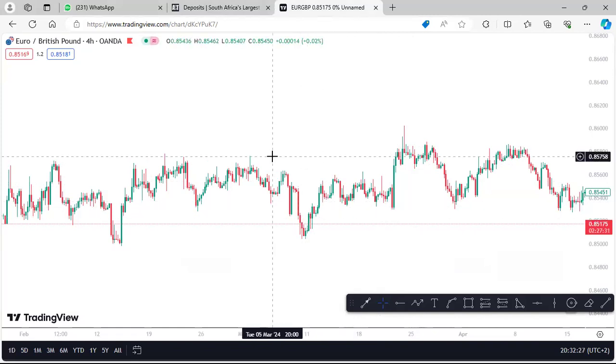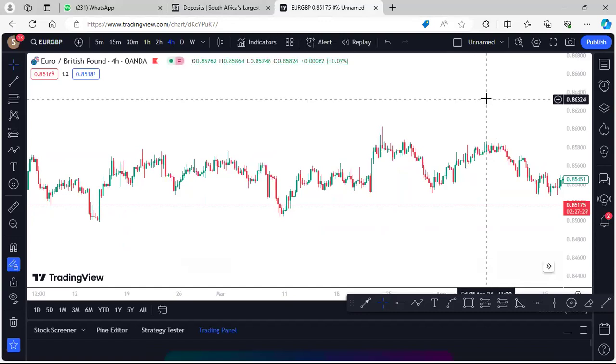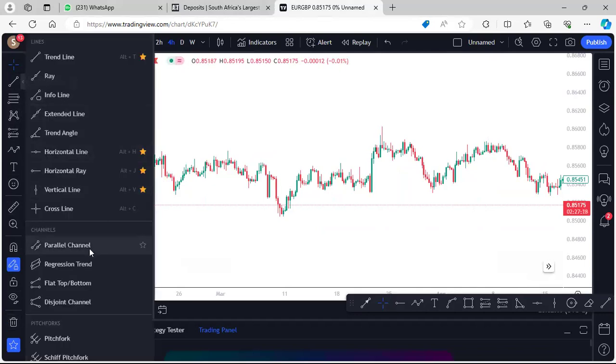There's a way you can add it on MT5, but for TradingView, you can simply add your tool using this table that you have on the left. If you are not sure, you can go in there and check what you have.